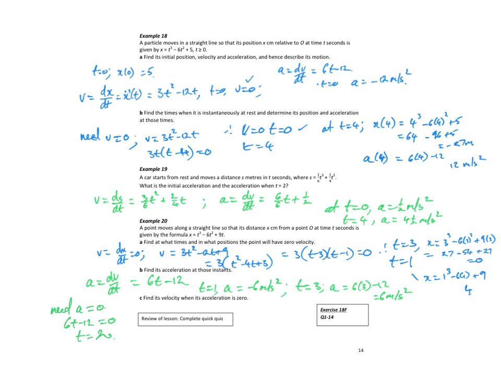Pop that into the velocity equation, which is equal to 3 times 2 squared minus 12 times 2 plus 9. 2 squared is 4 by 3, which is 12, minus 24 plus 9, so 21 minus 24 is negative 3 meters per second. So we're travelling 3 meters per second to the left. Job done.